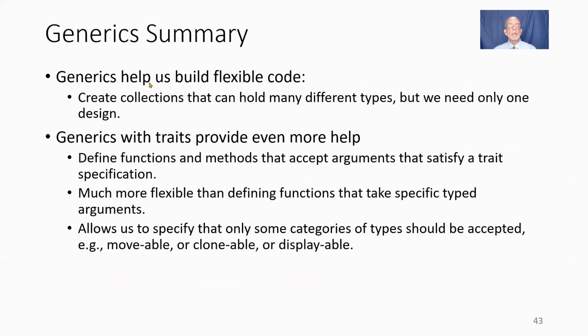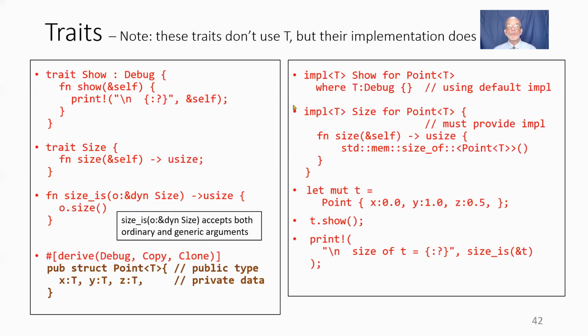So in summary, generics help us build flexible code. You saw us generate this function that accepted this type, so I can build flexibility into my code using dynamic dispatching, but I can also build flexibility in my code by allowing the library to defer specification of this T, so I can build a container that'll take a whole variety of types.